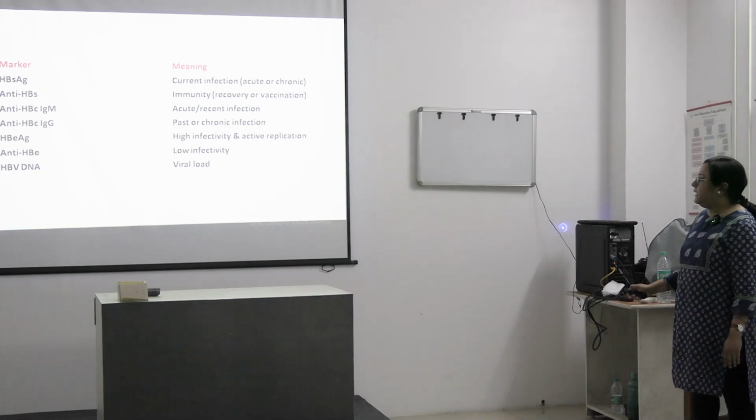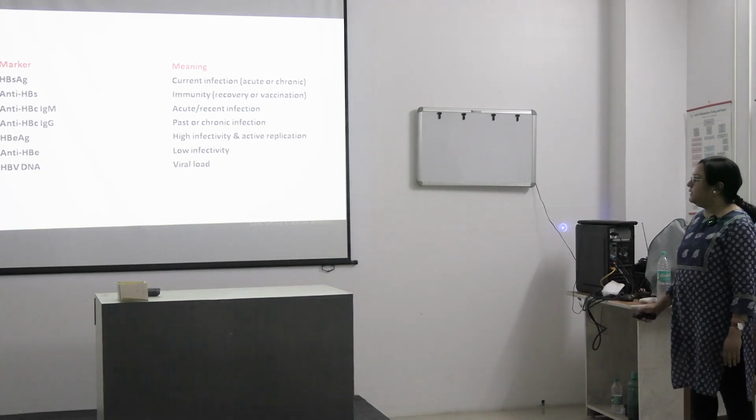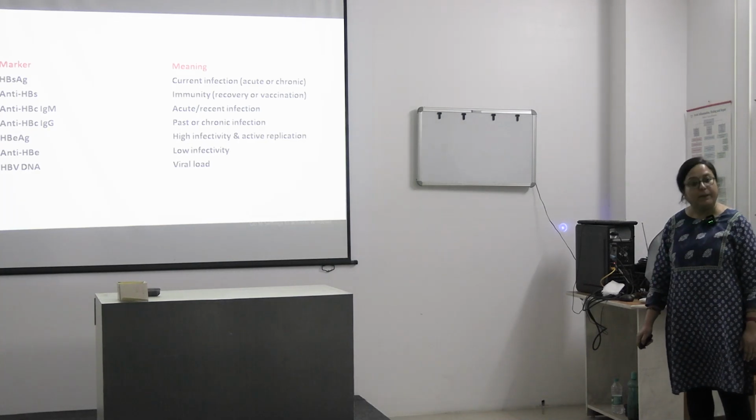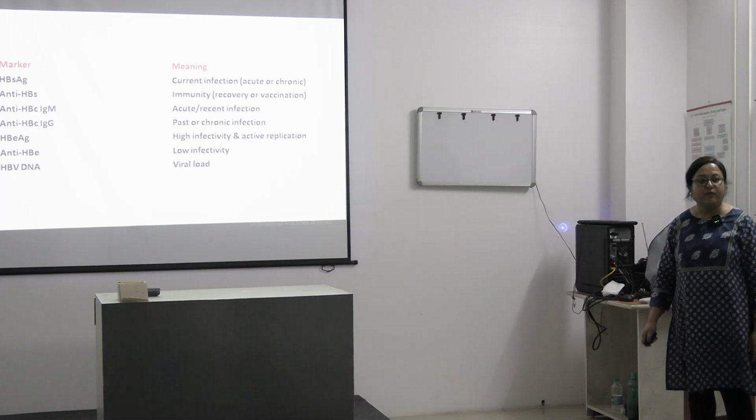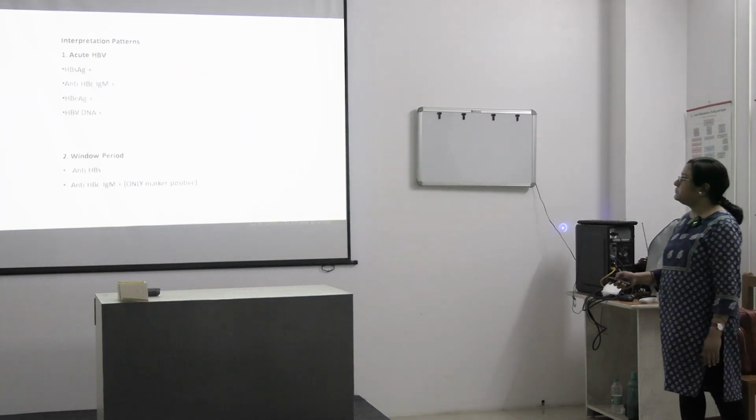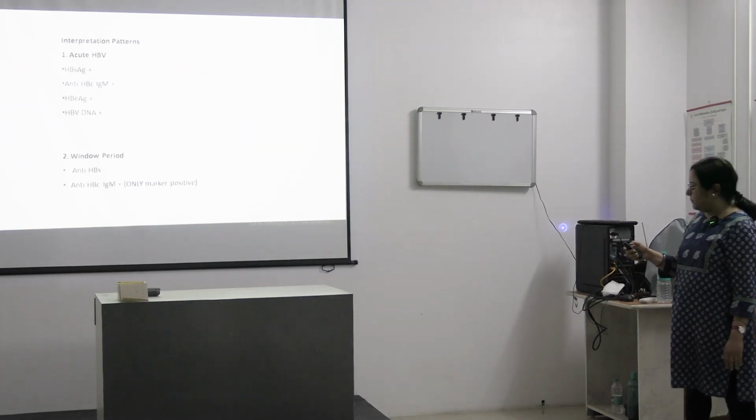HBe antigen represents high infectivity and active replication. Anti-HBe represents low infectivity, that means this is high infectivity, this is low infectivity, and HBV DNA represents the viral load. Now how can we interpret?